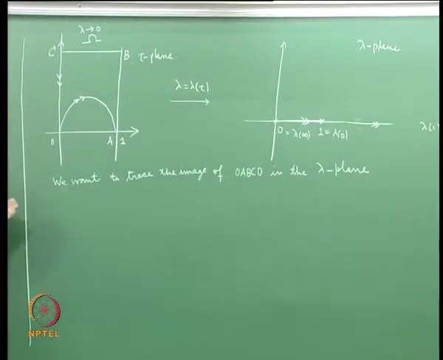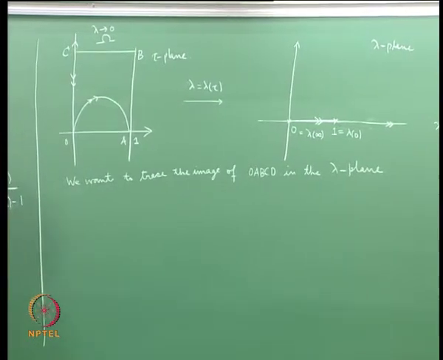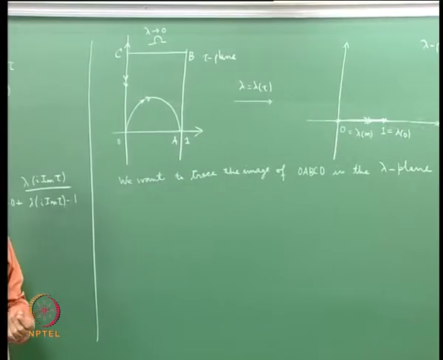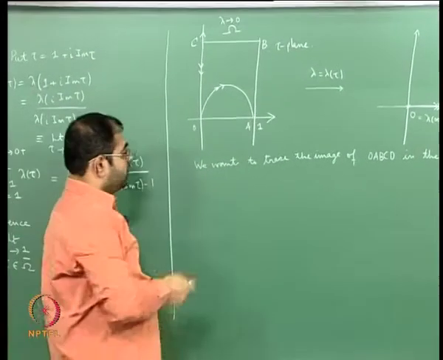In fact, why do we want to do that? Because if you do that, it will explain to you why lambda is a one-to-one holomorphic mapping, which takes every value in the upper half plane. So we want to do this.